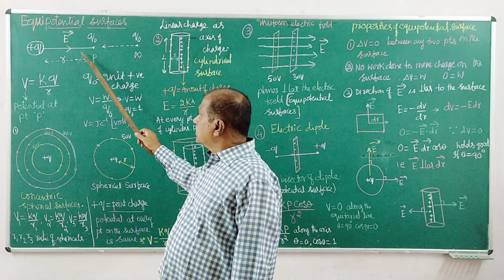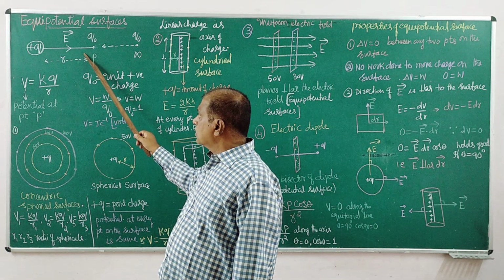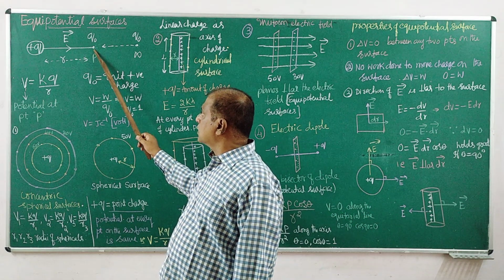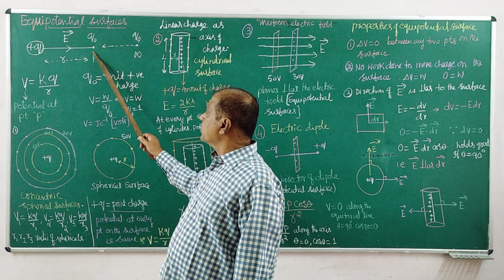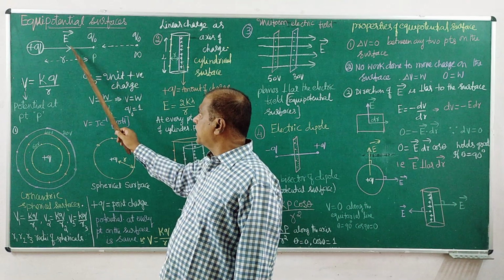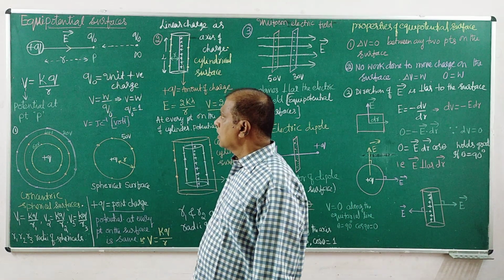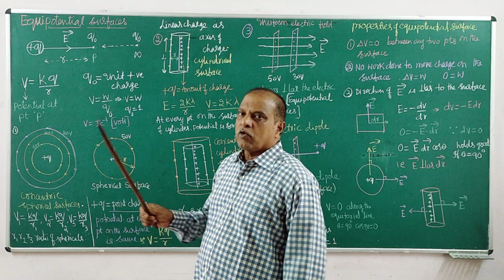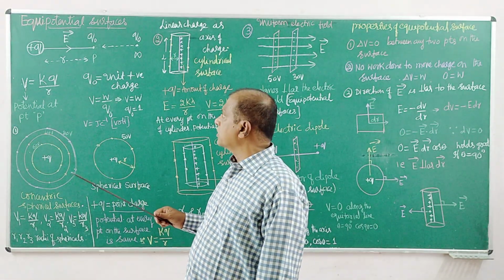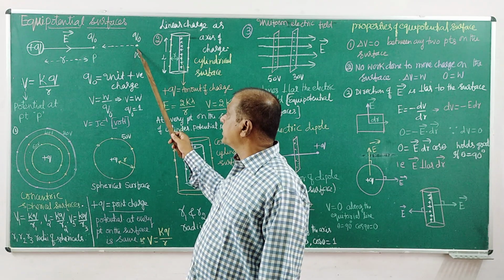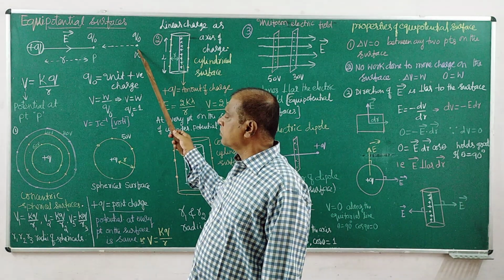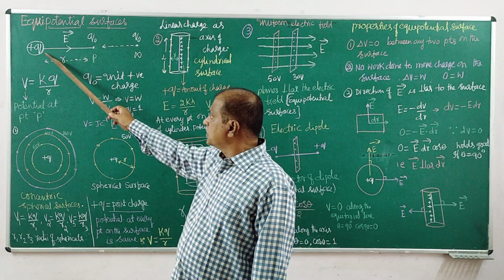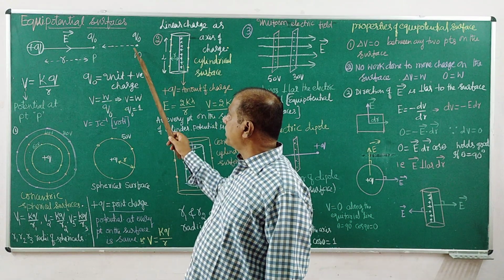This repulsion will push the unit positive charge away in the direction of the electric field, and finally it is driven out of the electric field, to the infinite point, at which it experiences no electric field of this charge. That is called the infinite point.